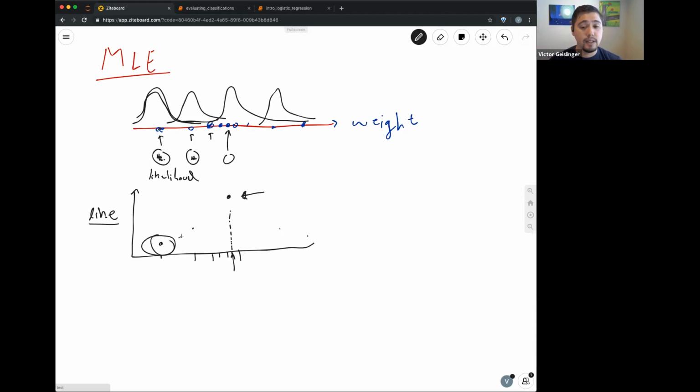We move that distribution across and say, what if it looks like this? What if it looked like this? What if it looked like this? And you calculate the likelihood for each distribution based on the points. Then you say, this is my total likelihood curve, and what's the maximum of this? Okay, and that's basically what we're doing with MLE.